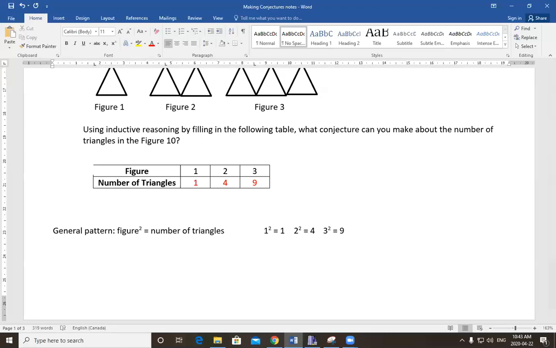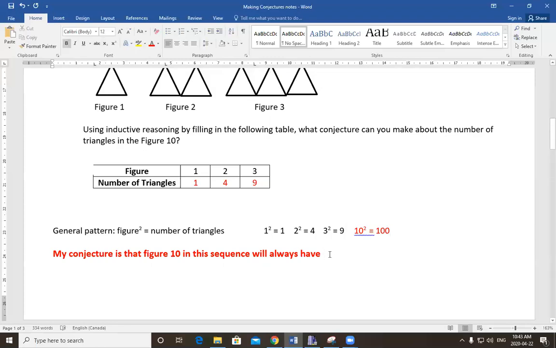So if that's our general pattern, the conjecture that we could make about the number of triangles in figure 10 is that figure 10 in this sequence will always have, so we can figure that out, we'll square figure 10 and we get 100. 10 squared is 100.